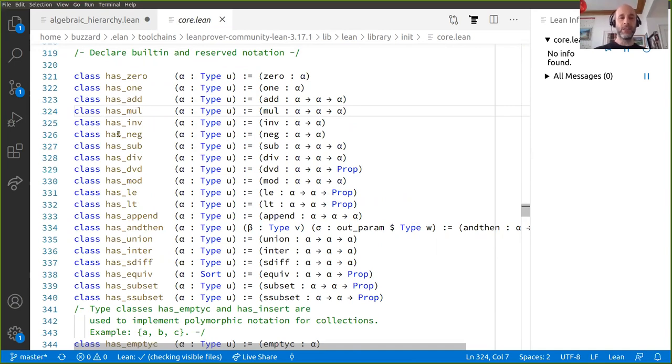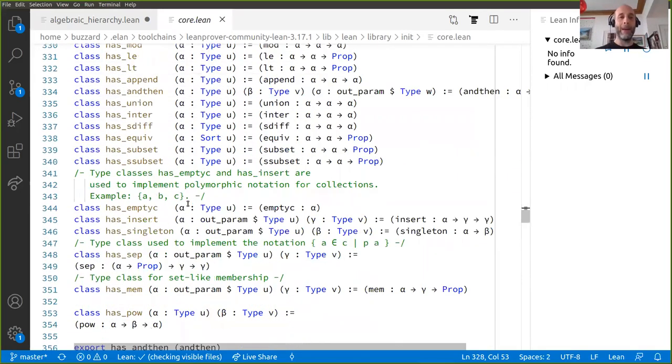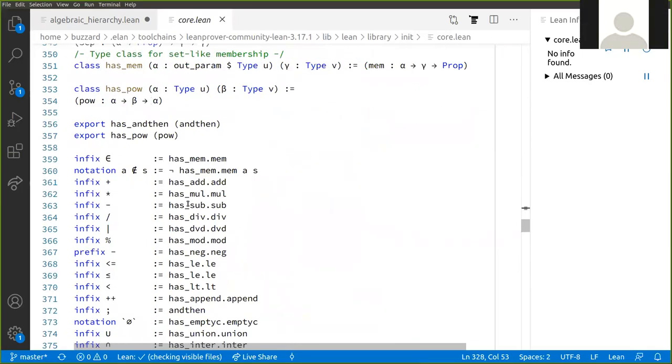And look, there you see the one that causes so much trouble on Twitter. The hasdiv class takes 2 terms of type alpha and returns a term of type alpha. So in particular, if you want to make fields using the hasdiv class, you're going to have to say what 1 divided by 0 is. And then here's all the notation, you see.